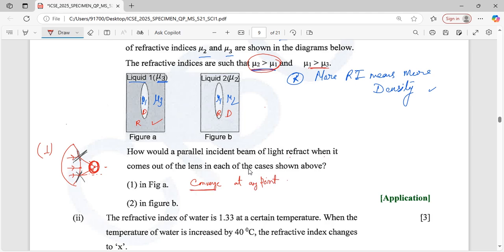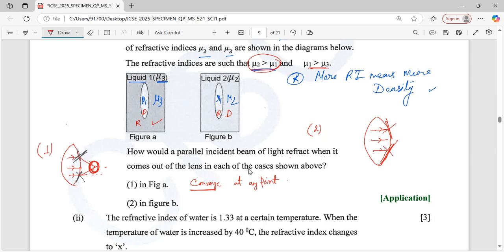Conversely, in figure B, light goes from rarer to denser. If I draw the line of incidence, the tangent, and draw a normal here and here.